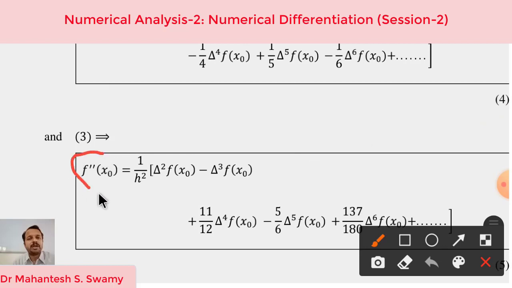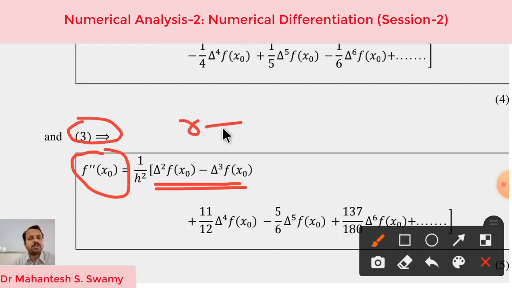The second order derivative of f at x0 can be obtained by putting r equal to 0 again in the second order derivative expression, that is f double dash expression, that is the formula 3. In the expression 3, if we put r equal to 0, we get this particular expression.